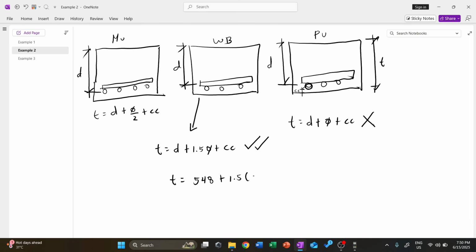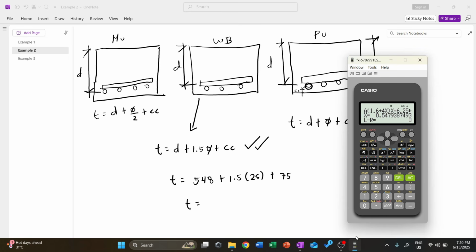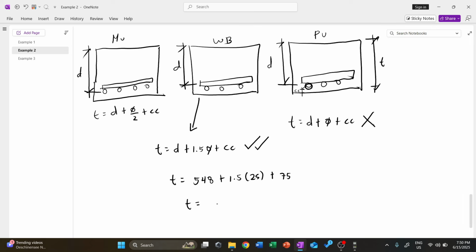Okay, so 1.5 diameter 25 plus the minimum clear cover or concrete cover for the footing is 75 mm according to our code, no? So ito po dapat by heart alam natin. So now the thickness is equal to 548 plus 1.5 of the 25 plus 75 mm. Okay, so we have now 660.5 mm.